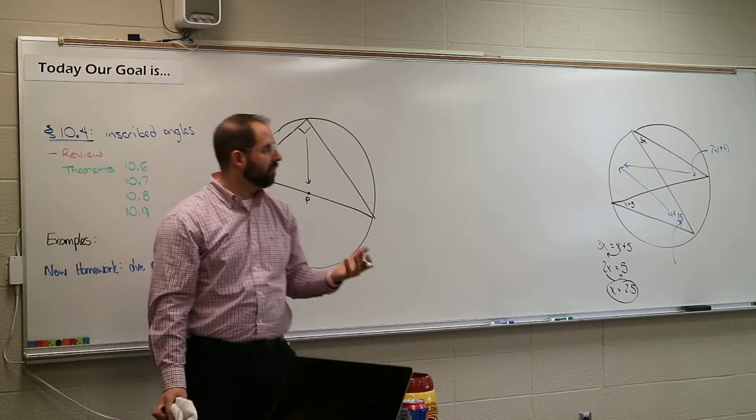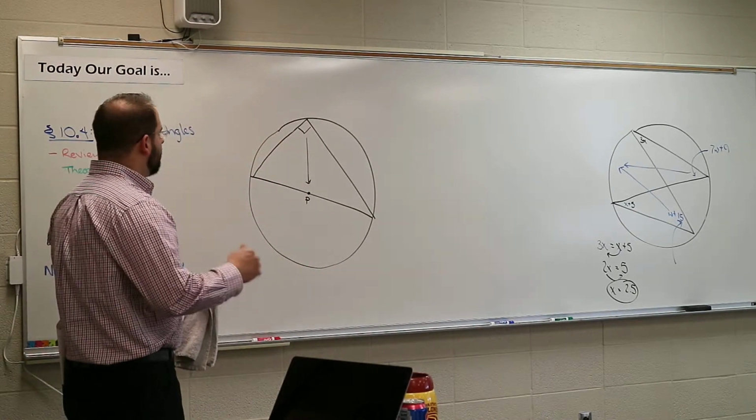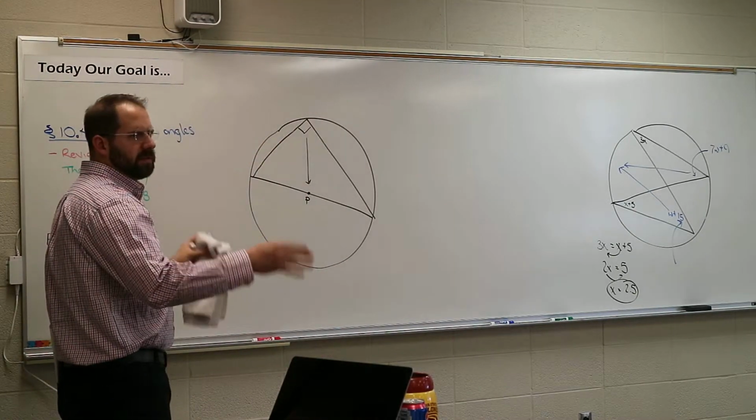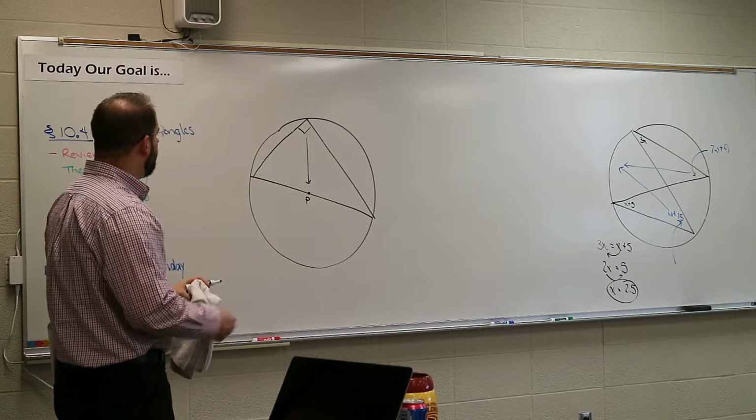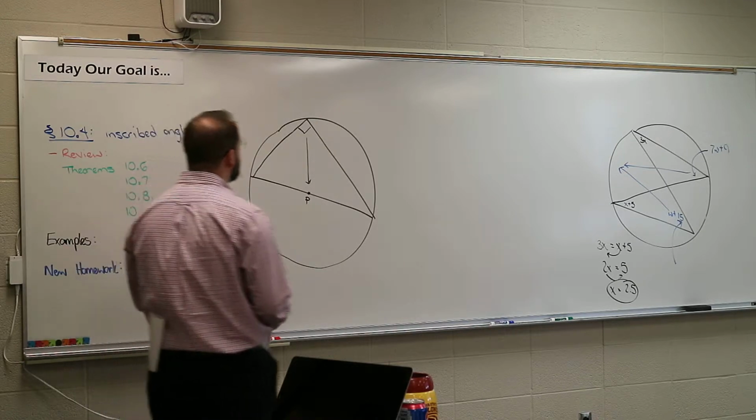That was the theorem we had for theorem 10.8, right? It said if an inscribed angle intercepts the diameter or semicircle, then its measure is 90 degrees. I think that's the exact wording they used.